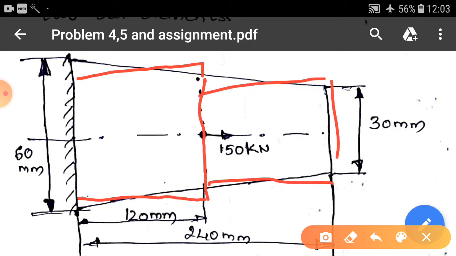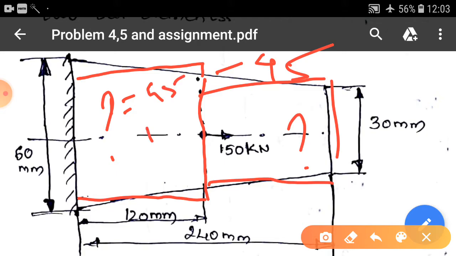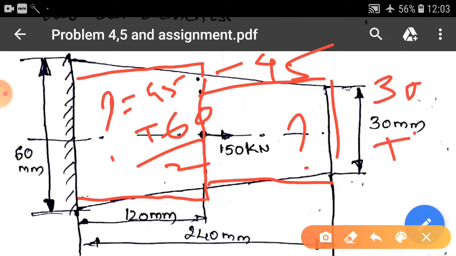What is the height at this section? The height at this section is 45. Now what is the area of this section and the area of this section? To calculate the area of this section, it is 45 plus 60 divided by 2, and here it will be 30 plus 45 divided by 2.